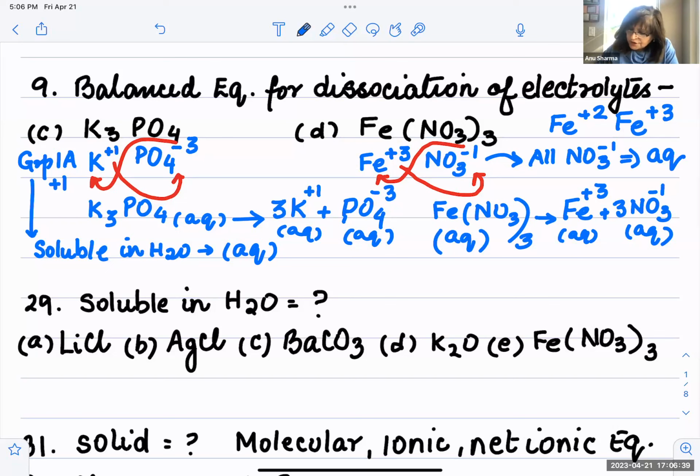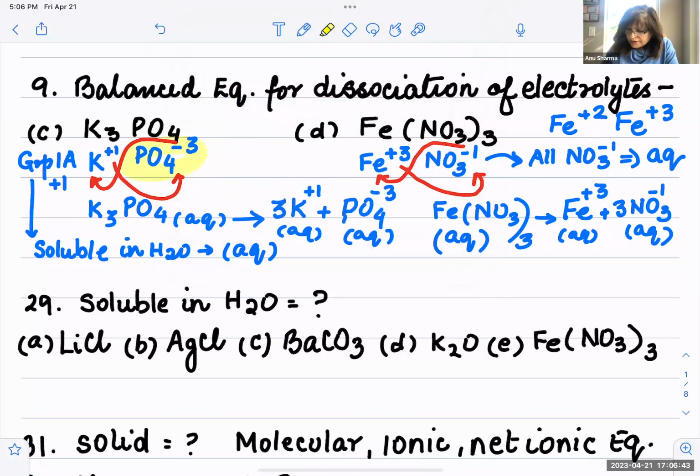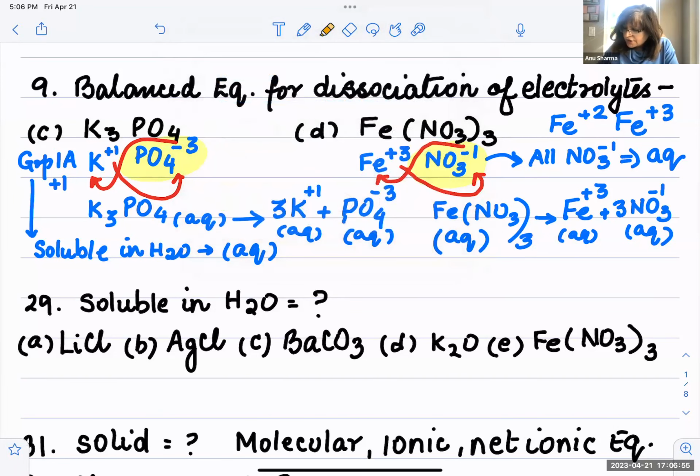Things that you need to memorize are the charges on the polyatomic ions. These are standard, they don't go away. Nitrate is also standard. Iron can have +2 and +3 charge, so you need to figure out which it is, but this number tells you it is the +3 charge right here.